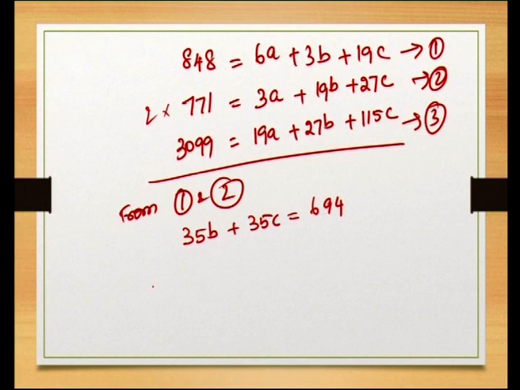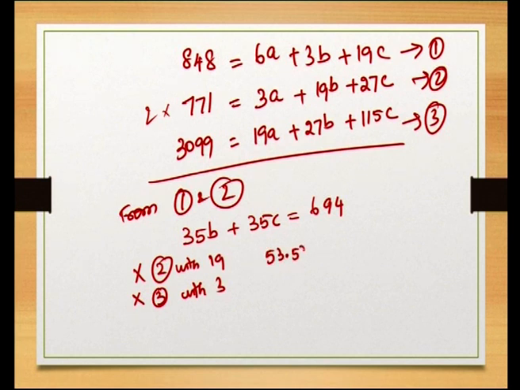Similarly, to eliminate a, multiply equation 2 with 19 and multiply equation 3 with 3 and then subtract, we get 5352 is equal to 280b plus 168c. Okay. This is the 4th equation and this is the 5th equation.